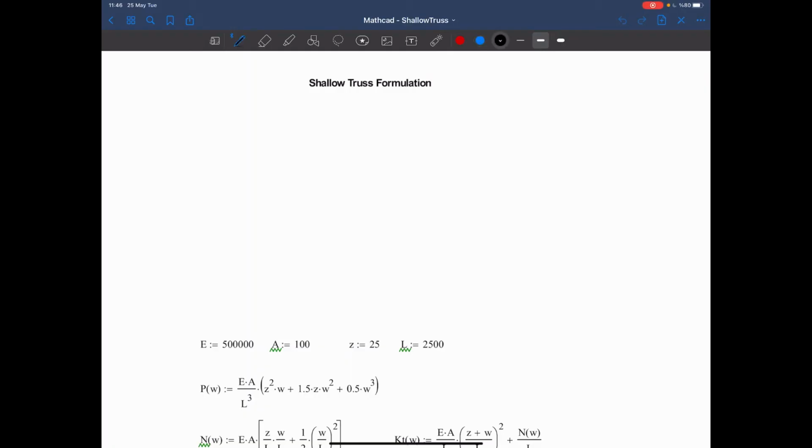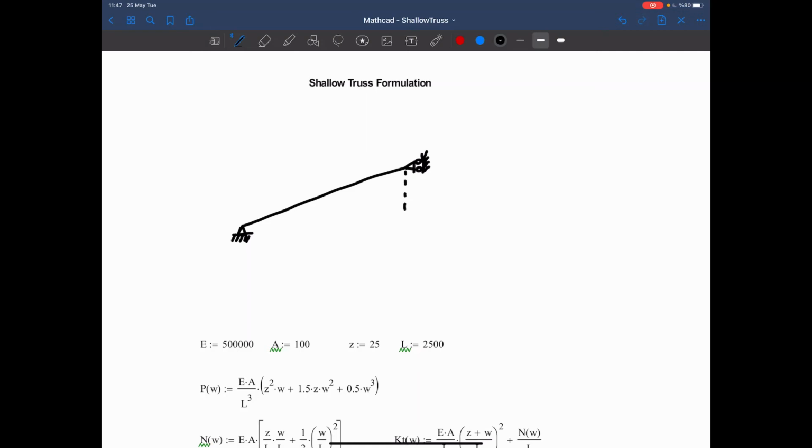Now let's take a look at the behavior of the shallow truss. Remember that that's our truss element. We have a roller support here and a pin support here.